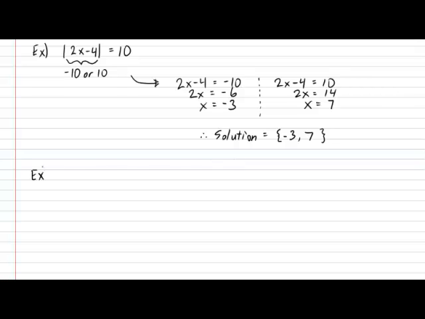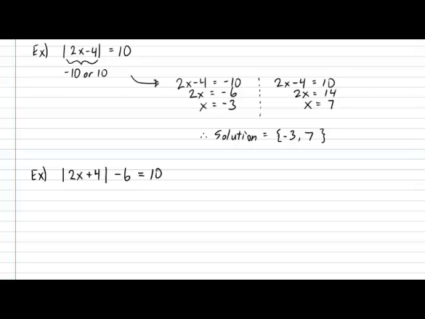I would like you to solve for x in the following absolute value equation. The absolute value of 2x plus 4, but then outside the absolute value I have a minus 6, and all that has to be equal to 10. Now here's a little tip.